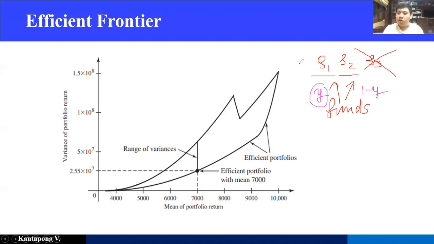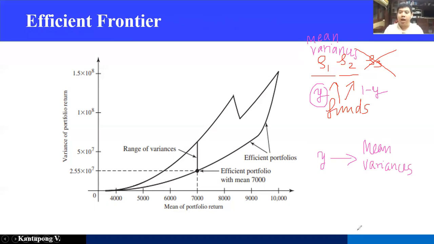And then because we invested in this, we could get the mean and the variances. That is the Y. Y determines the mean and the variances.